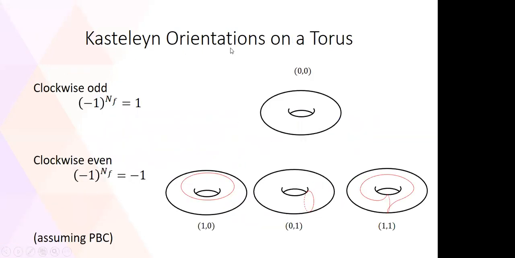Okay. So another thing before I discuss the Hilbert space and the Hamiltonian: as I said, we're guaranteed to have a Kasteleyn orientation on a planar graph, and you can ask, what happens if we're on a torus, because we like tori. It actually gives you a really neat feature, because you have non-contractible loops.